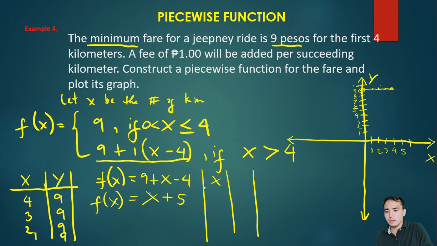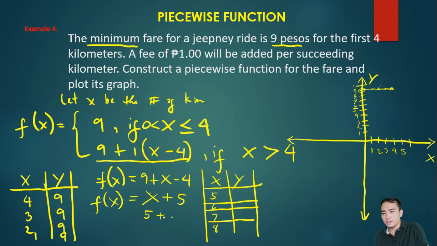And then, the y values. If x is greater than 4, so ano yung mga number na greater than 4? Those are 5, 6, 7, 8, and so on. Kapag daw yung x natin is 5, so papalitan lang natin yung x ng 5. Okay, pag yung x natin is 5, so 5 plus 5, that is 10.